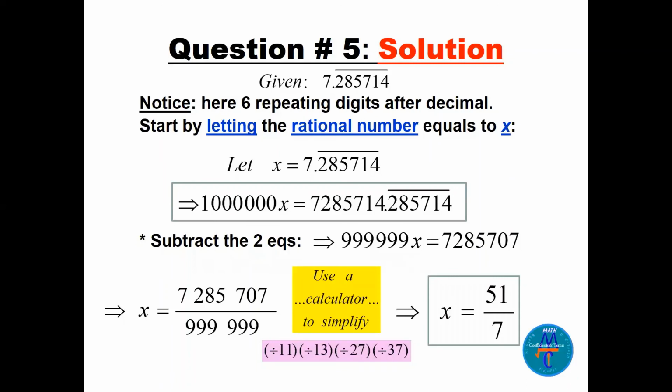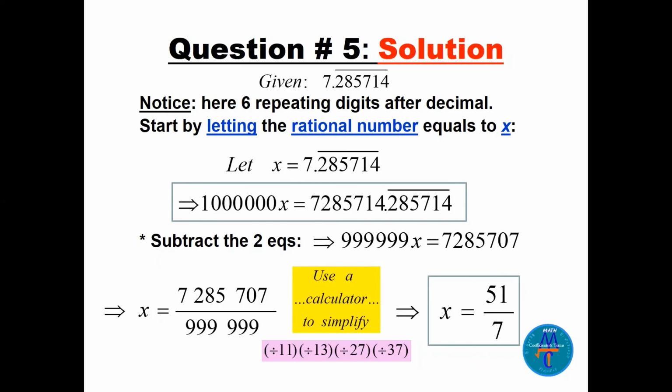And then directly I subtract, million x minus x, 7285714 point the repeated part, minus 7.285. So I get 999,999x equal to 7285707. And then divide this number by 999,999. You need to use a calculator here to simplify the fraction.